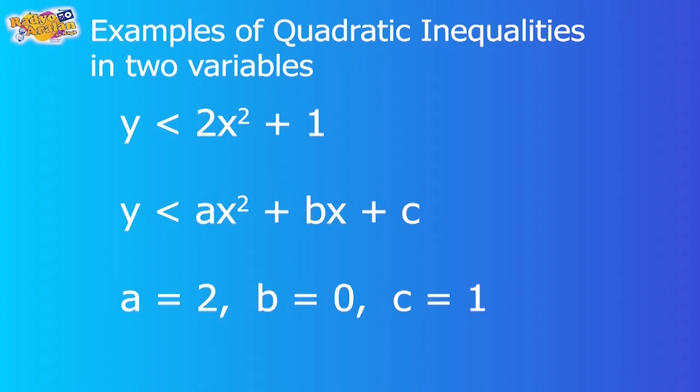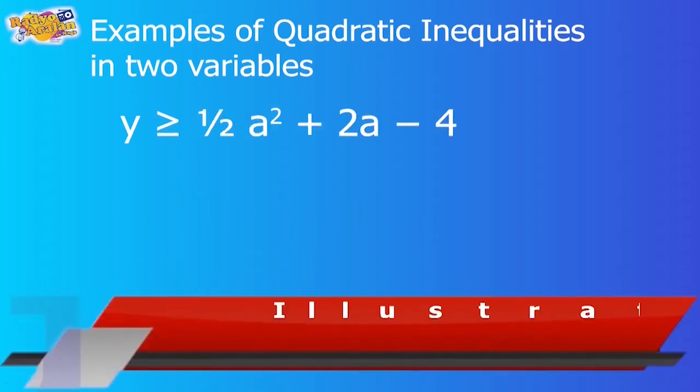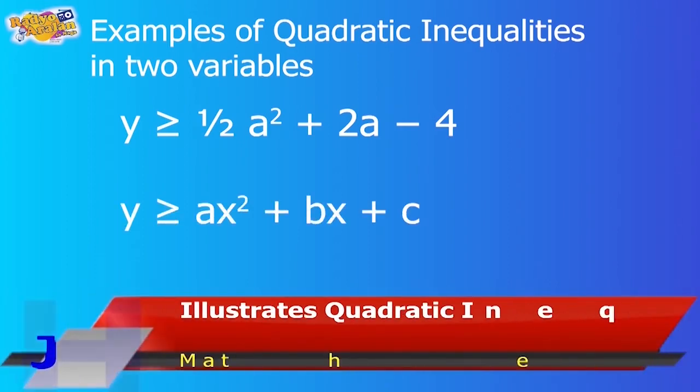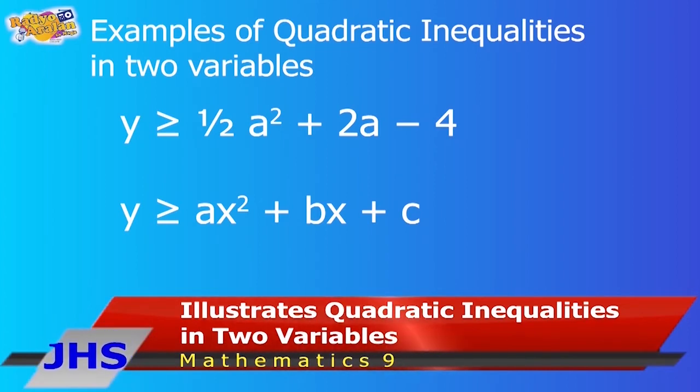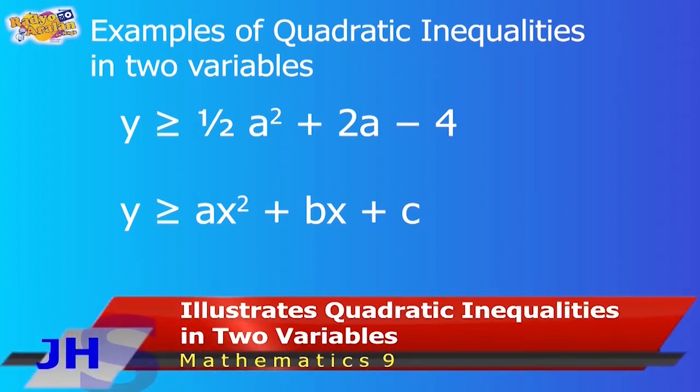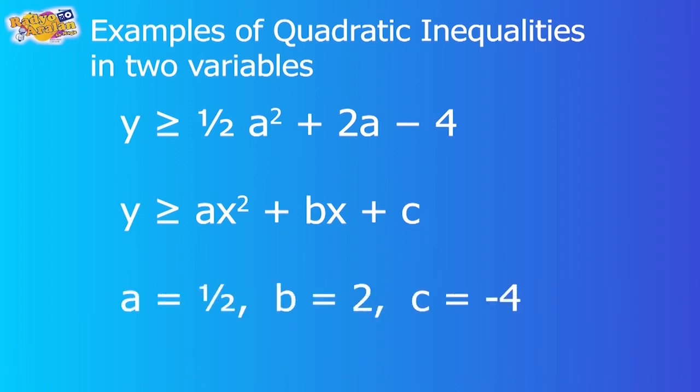Next, y is greater than or equal to 1/2 x squared plus 2x minus 4 is in the form of y is greater than or equal to ax squared plus bx plus c, where a is equal to 1/2, b is equal to 2, and c is equal to negative 4.